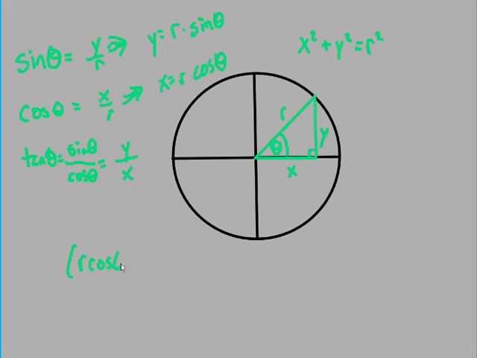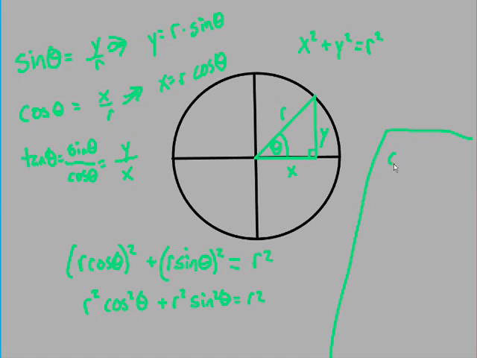You get (r cosine theta) squared plus (r sine theta) squared, ignore that dot, equals r squared. So now if you distribute this, you end up with r squared cosine squared theta plus r squared sine squared theta equals r squared.